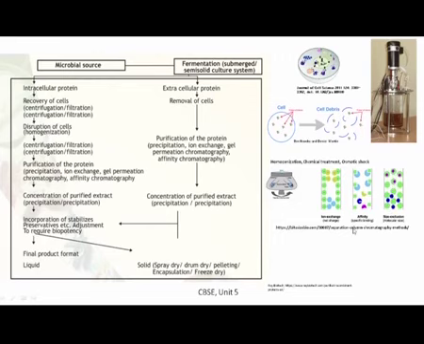Once you have all these purification steps, you can have a purified protein, which you can verify by running it on an SDS page, that is SDS polyacrylamide gel electrophoresis. In just 2 or 3 slides next, I will be talking to you about how that is done.